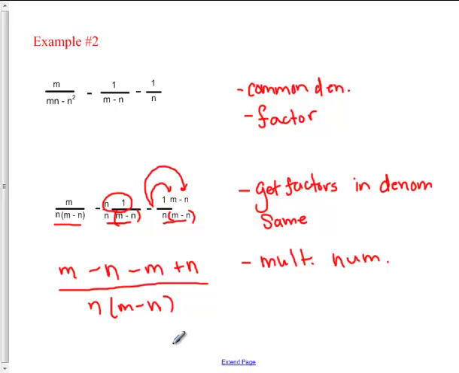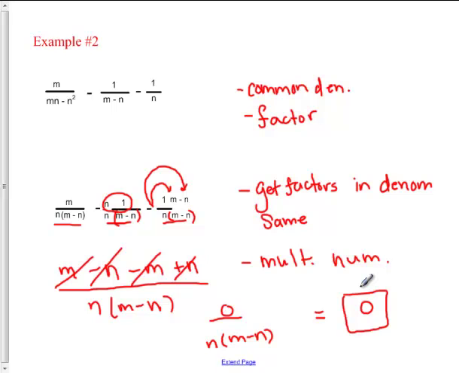Hey, I like this one. Look what happened here. m minus m cancel out. Negative n and positive n cancel out. And I'm left with 0 over n times m minus n, which really is the number 0. Yeah, that one wasn't that bad.